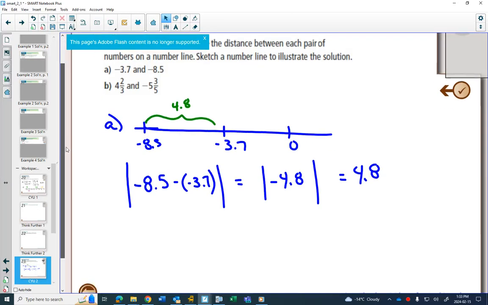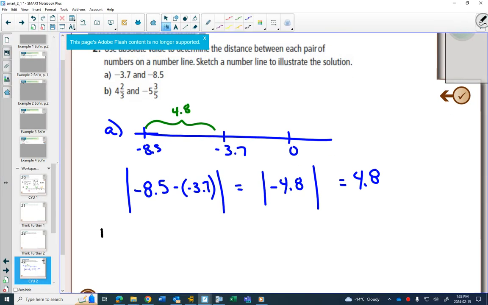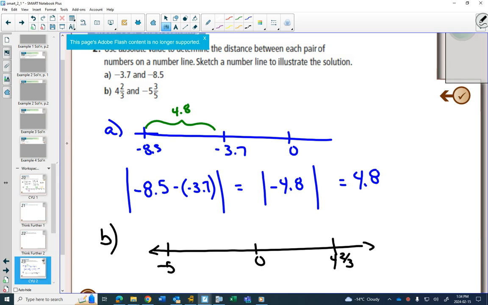Part B. Here's my number line. Here's 0. One number is 4 2/3. The other number, negative 5 3/5. Most likely you wouldn't screw up in your subtracting here.